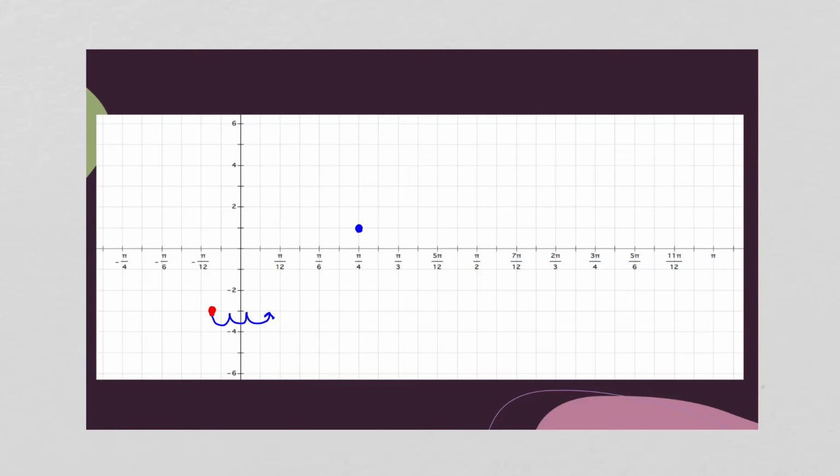We'll have to figure out what that is, but we'll graph it there. We've got pi over 4, pi over 8. Halfway between 0 and pi over 8 is pi over 16. So our next point is pi over 16, 1.